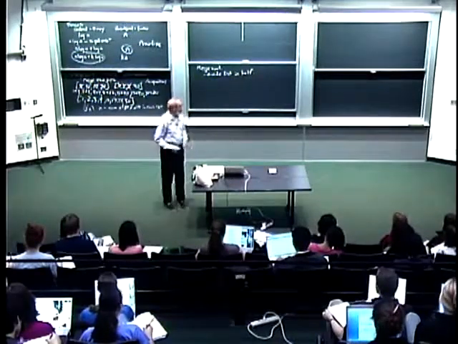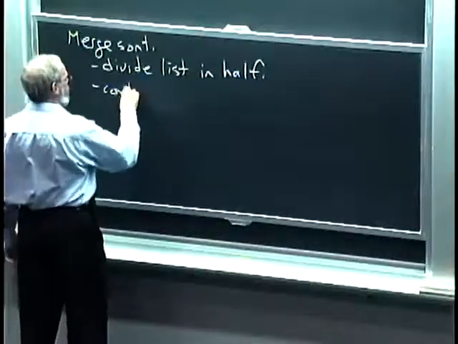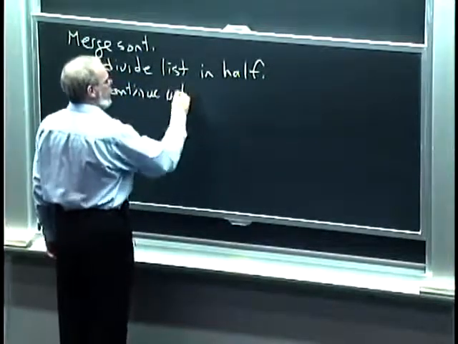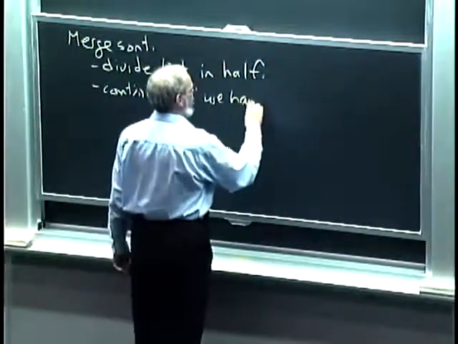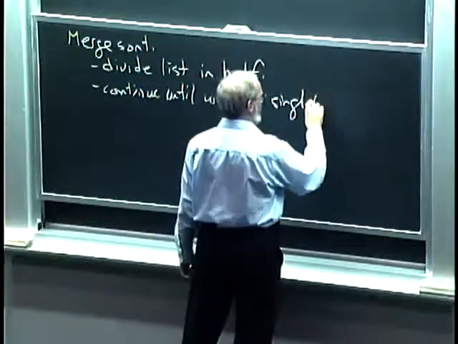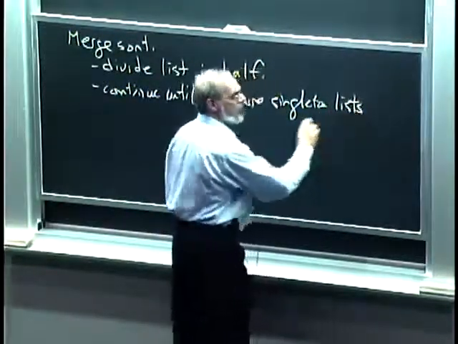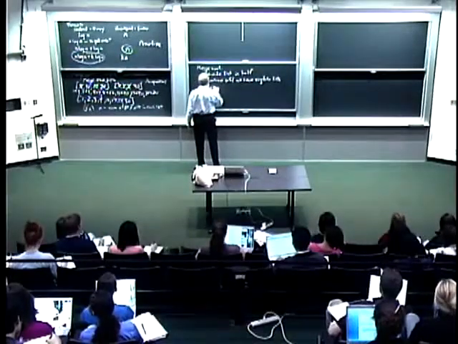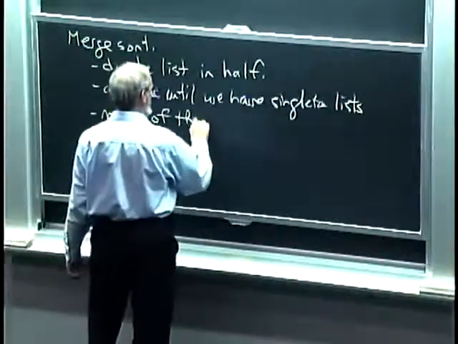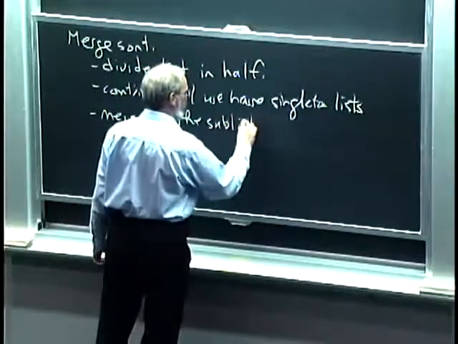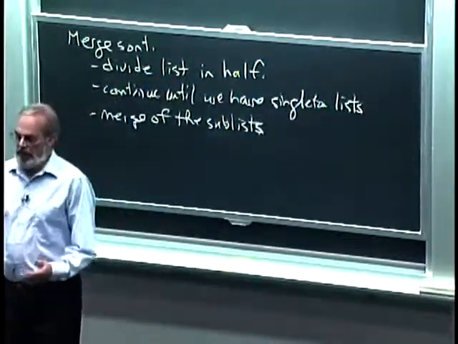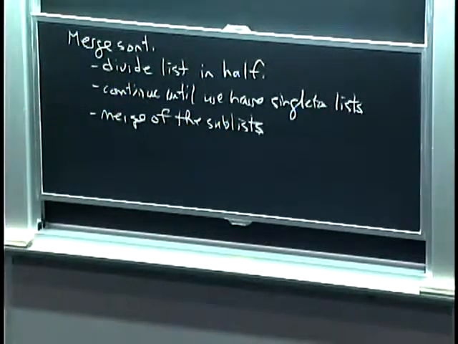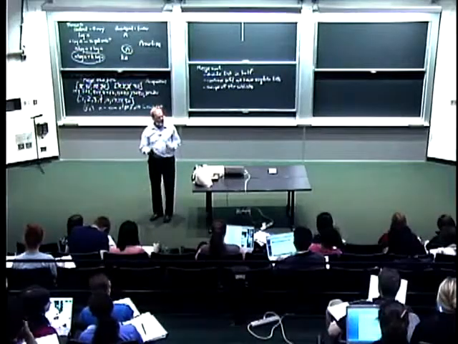A list of size 1, right? So continue until we have singleton lists. Once I've got lists of size 1, they're sorted, and then combine them by doing a merge of the sublists. And again, you see that flavor. I'm going to just keep dividing it up until I get something really easy, and then I'm going to combine. And this is different than binary search. Now, the combine is going to have to do some work.